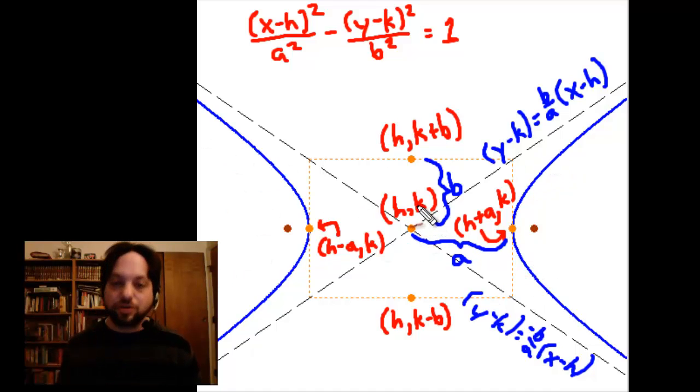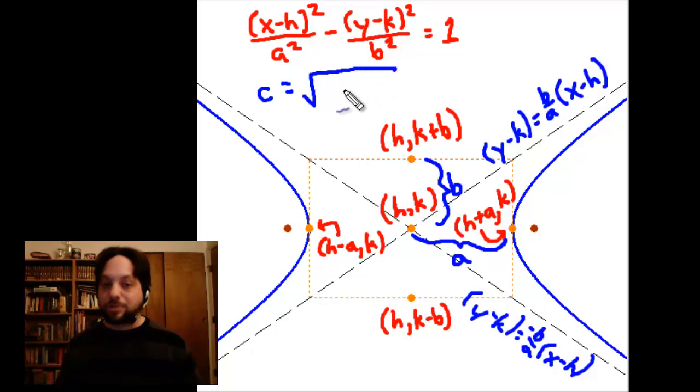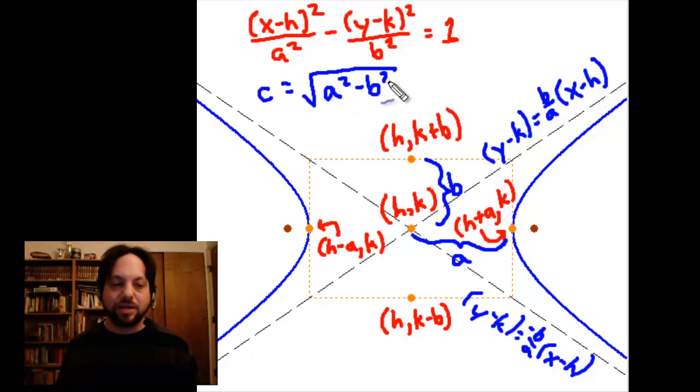Now, how do we find the two foci? That also is not going to be entirely difficult. Remember when we did ellipses, we said that c was the square root of the absolute value of a squared minus b squared? Well, we subtracted because those foci were inside the ellipse. Now, since the foci need to be outside the hyperbola, we're going to turn this into c equals the square root of a squared plus b squared.